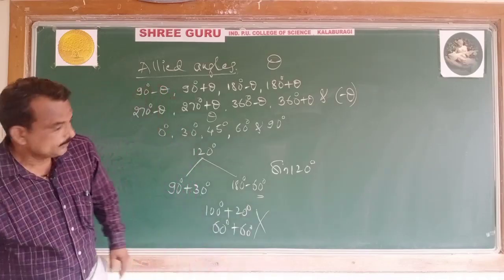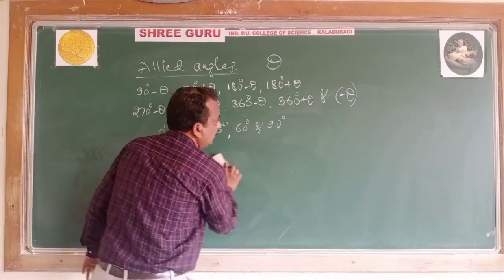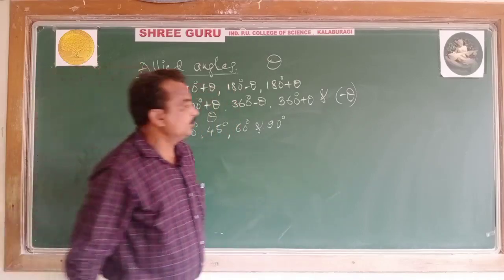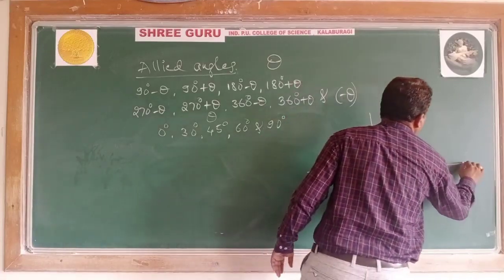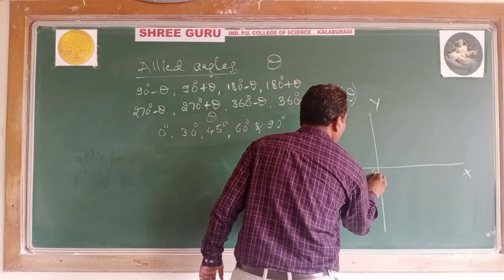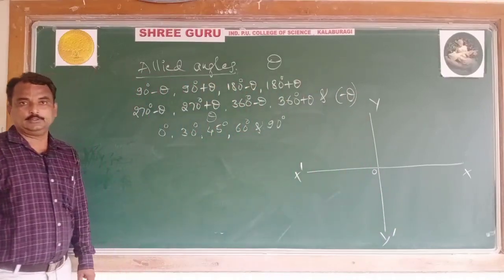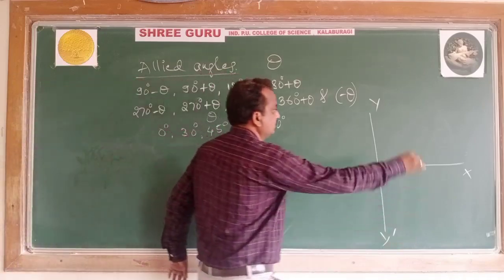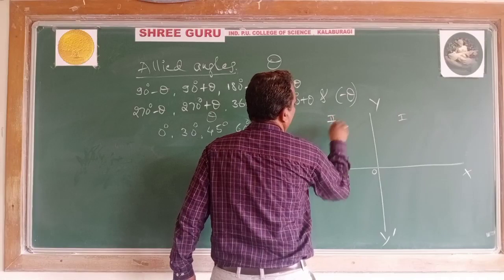Students, before going to the allied angles, now I will go for the position of these 9 allied angles, so you will come to know the idea. A Cartesian plane is divided into 4 equal parts.